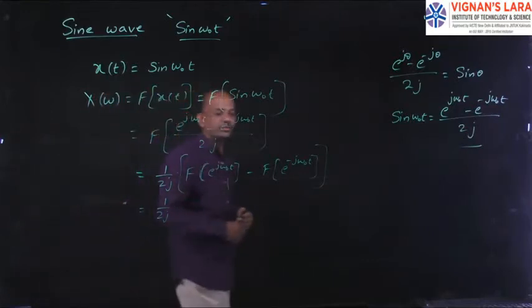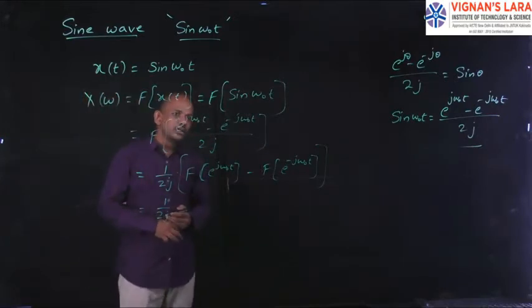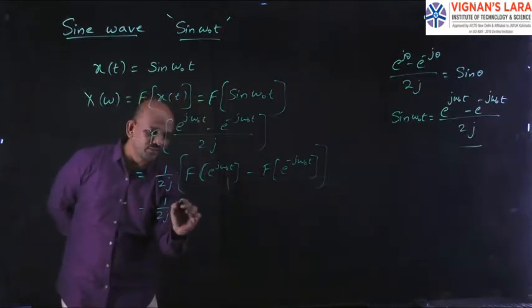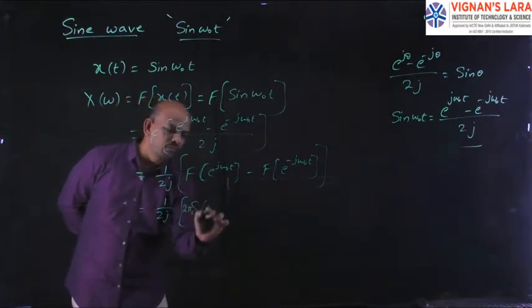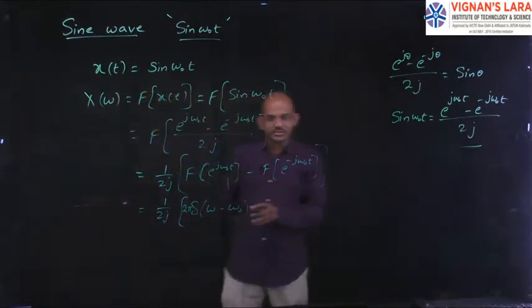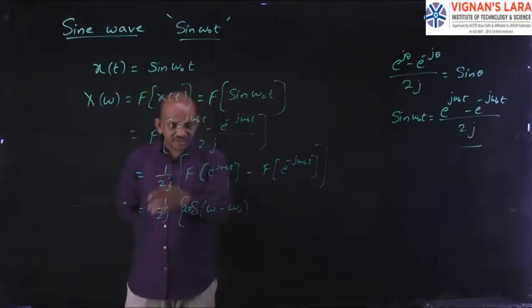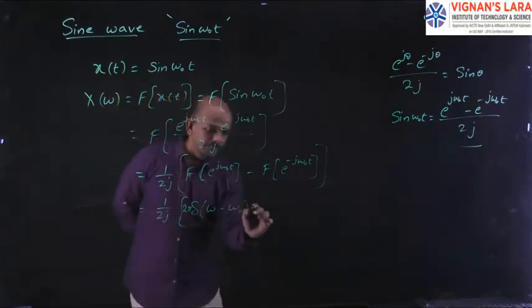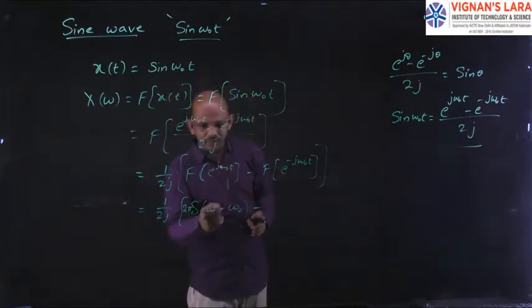You all know the Fourier transform of these complex exponential functions. The Fourier transform of the complex exponential function e power j omega naught t is 2 pi into del of omega minus omega naught.